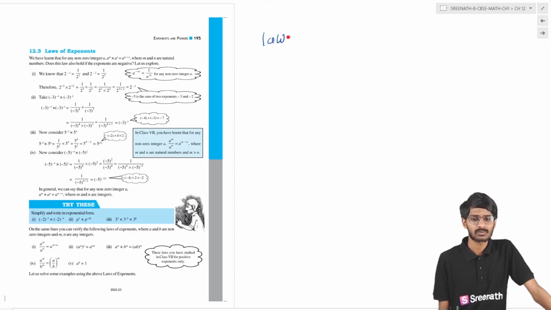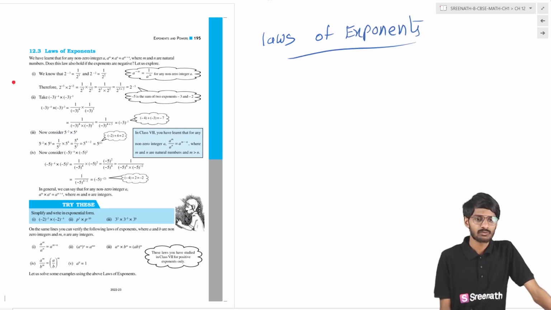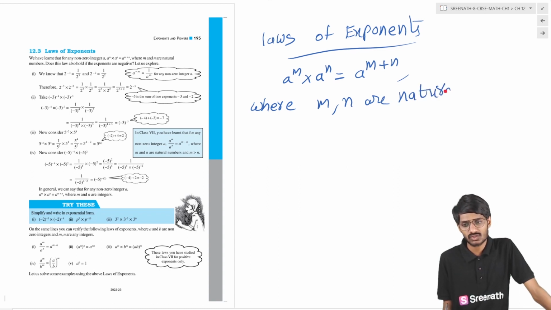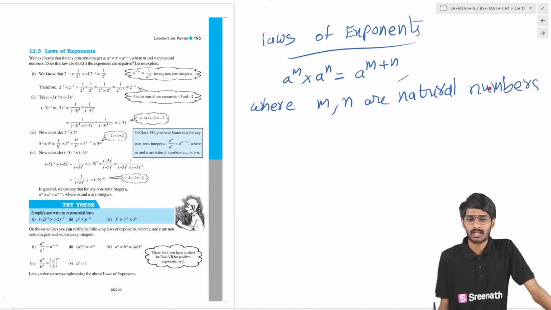So what are the laws of exponents? Basically, we have learnt in the previous classes that a power m into a power n is equal to a power m plus n, students. Here m and n are natural numbers, they are not 0, they start from 1 and are positive numbers.